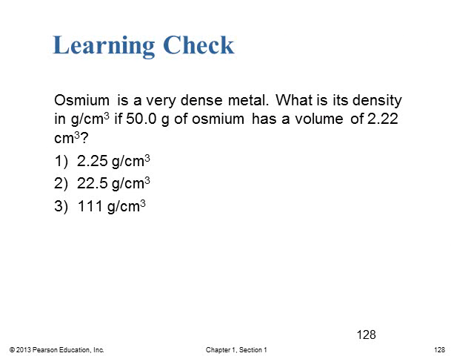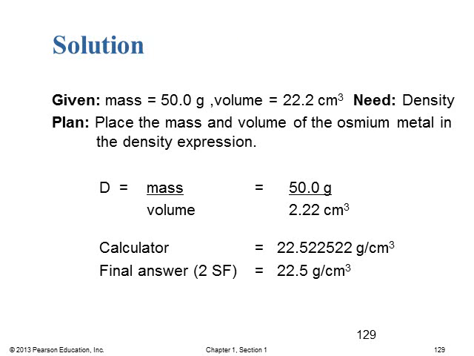So here we'll just practice some calculations using density. It says osmium is a very dense metal. What is its density in grams per cubic centimeter if we have 50 grams of osmium with a volume of 2.22 cubic centimeters? We're just going to use the equation that they give us. We have the given mass of 50.0 grams and the volume of 2.22 cubic centimeters.